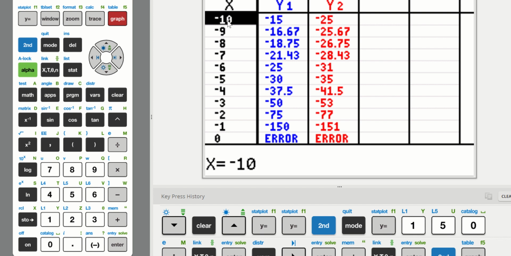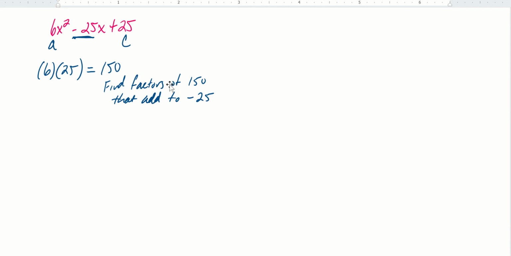So negative 10 times negative 15 multiplies to 150, and it adds to negative 25. So these are the factors that I'm looking for. Because over here I want to find factors of 150 that add to this middle term. So I'll write that down, negative 10 and negative 15.